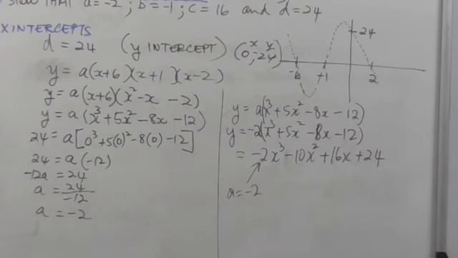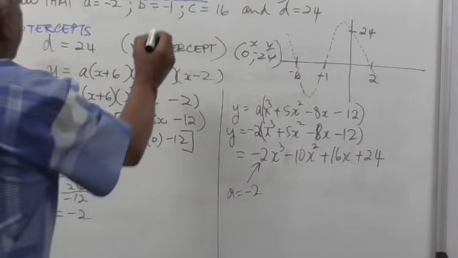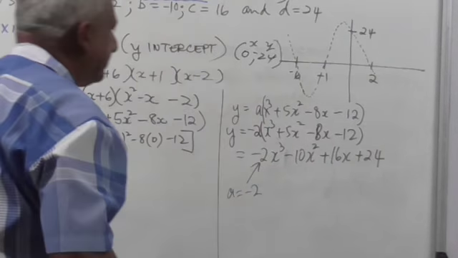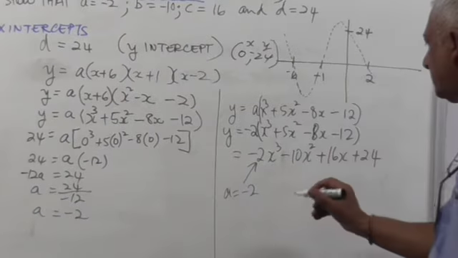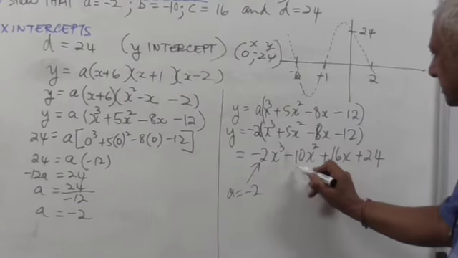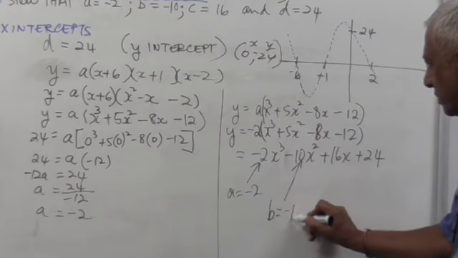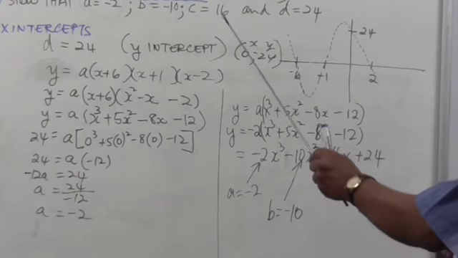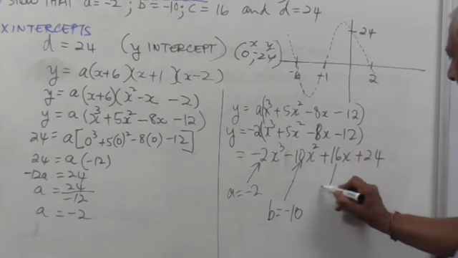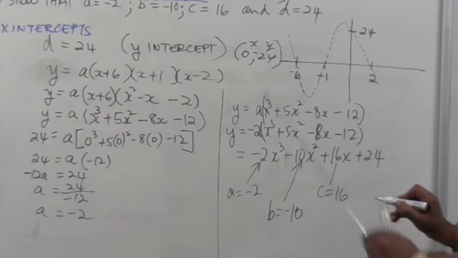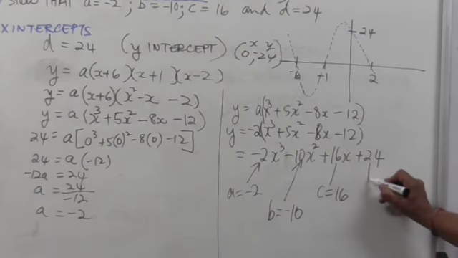So the question should have said b is minus 10. So there's your b. B is equal to minus 10. Your c is here, 16, and your d is here, 24.